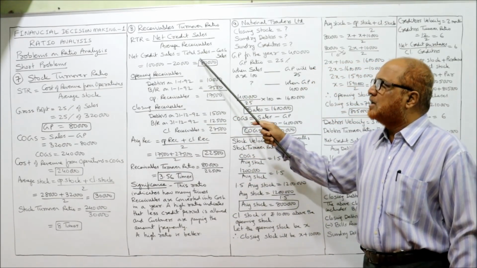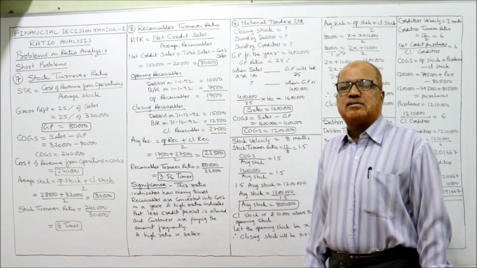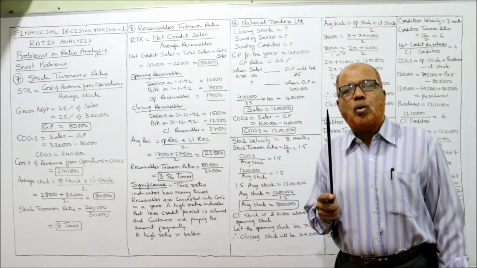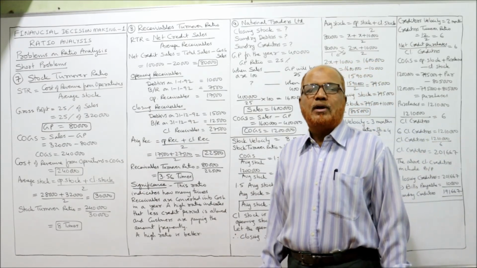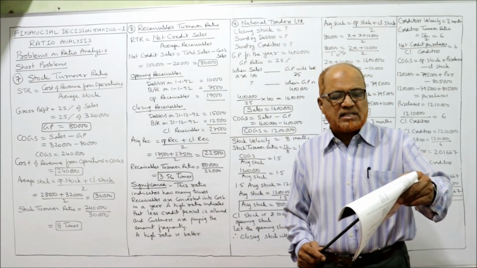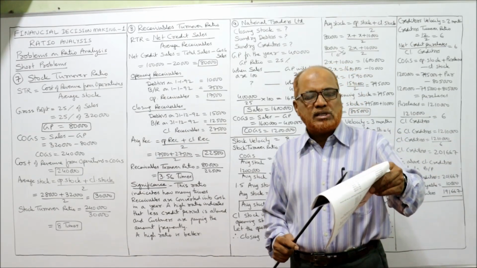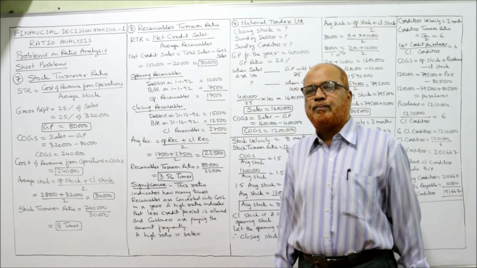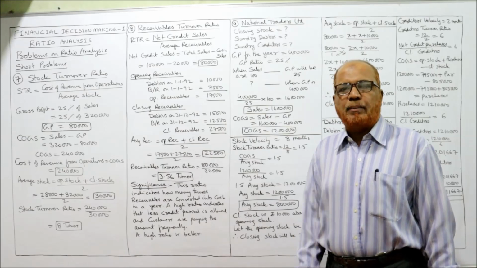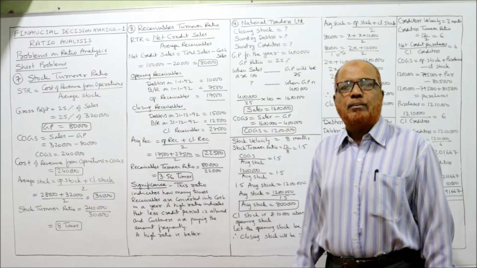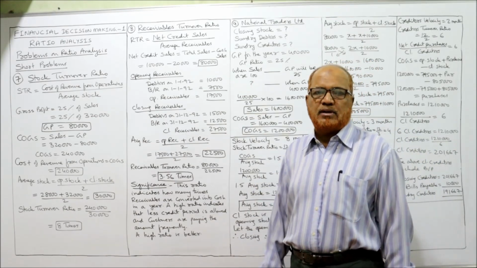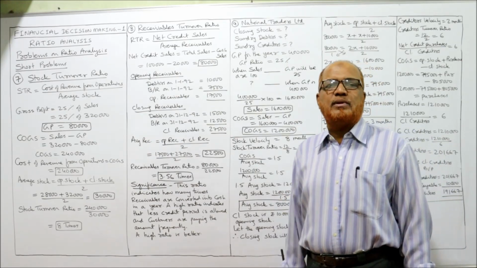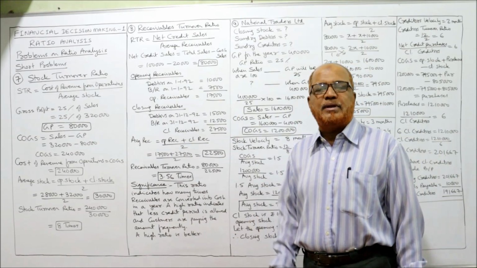We got credit sales. Now we need average receivables. Average receivables means opening receivables plus closing receivables divided by 2. Opening receivables means 1st January 92 and closing means 31st December 92. When we say receivables, it includes bills receivable also. So opening receivables include debtors and bills receivable. Similarly, closing receivables include debtors and bills receivable.